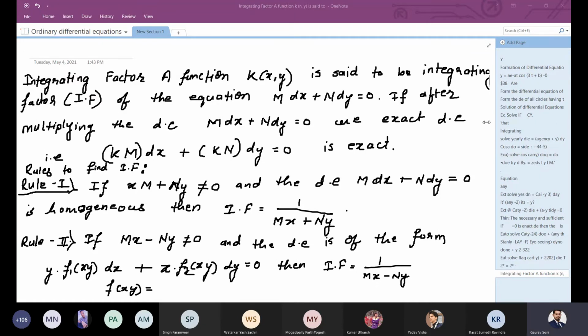Chirag Agarwal. Yes, sir. Can you tell me a function of xy?